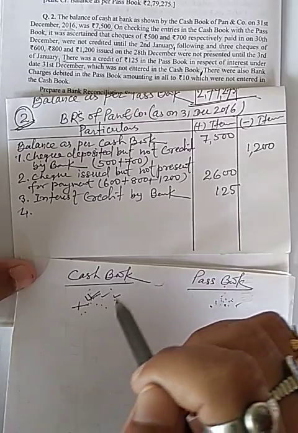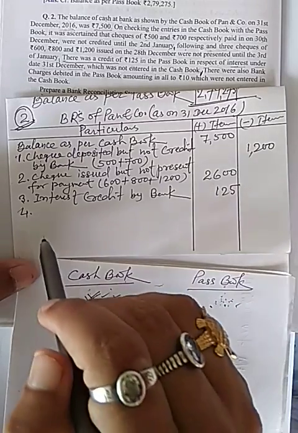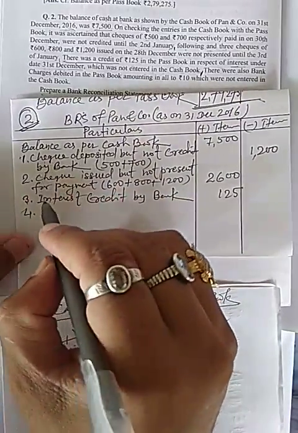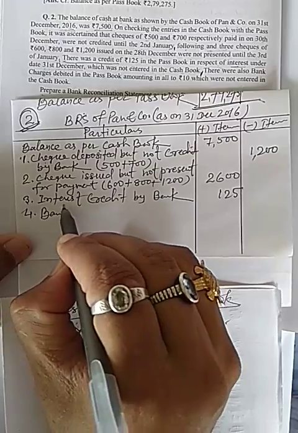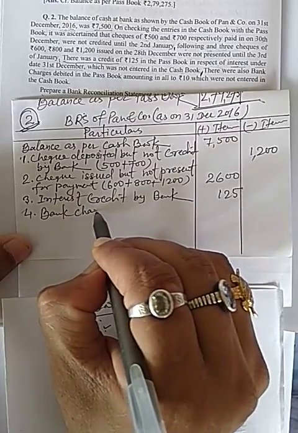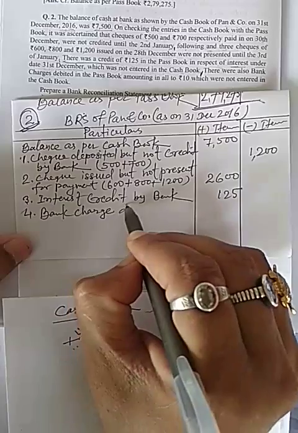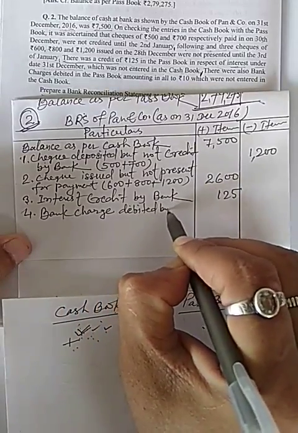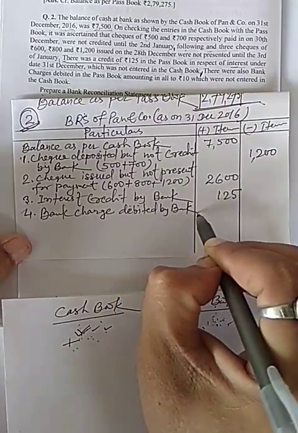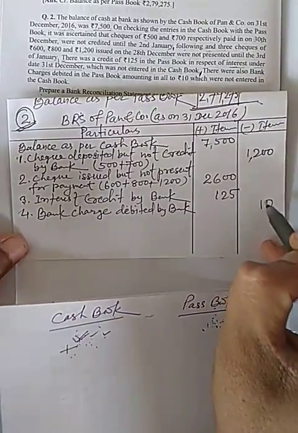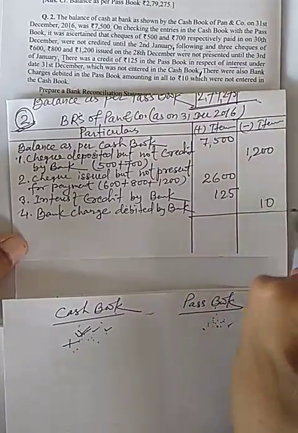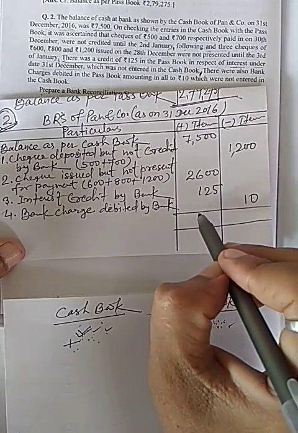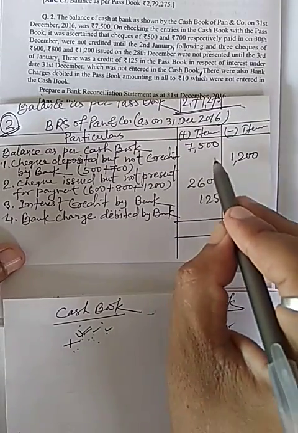So I also have to deduct in cash book, therefore it will be in minus item. Now students, bank charges debited by the bank 10 rupees.